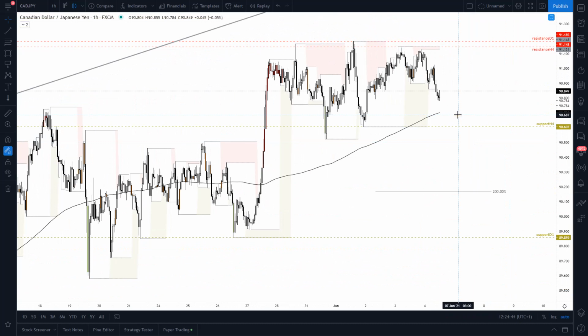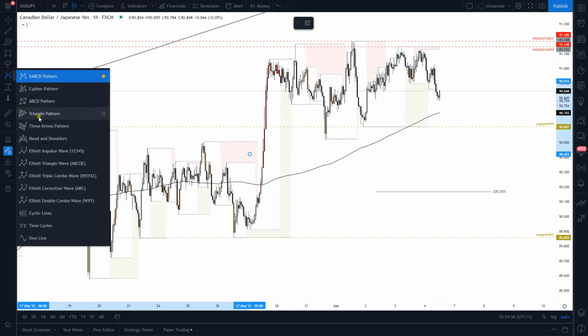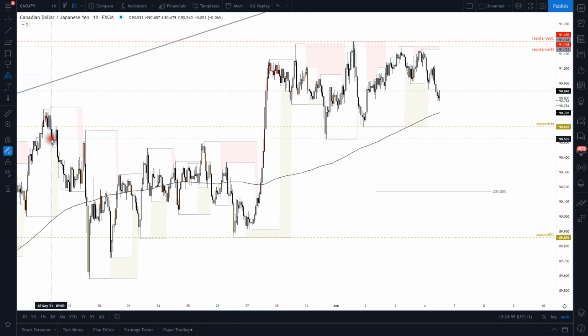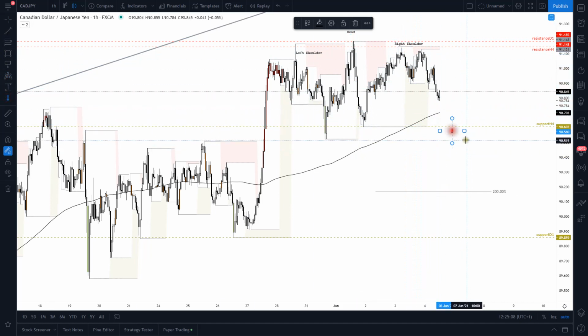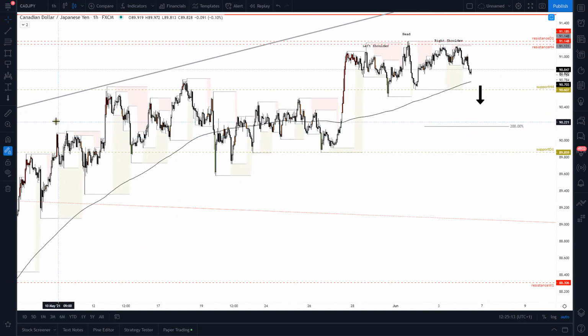crab pattern completes. But if the market decides to not print that pattern, to fail the completion of that pattern, I can see this as a potential head and shoulders. So I can see a left shoulder, the neck, the head, the right shoulder, and if the market decides to trade below the previous structure support level, that should trigger a head and shoulders that will target 90.16.